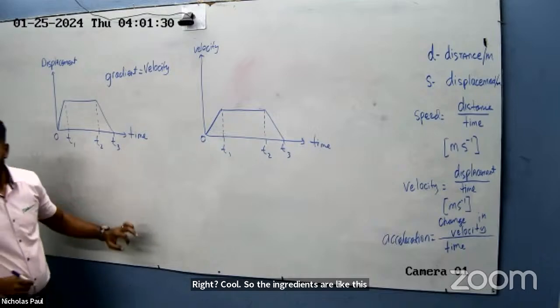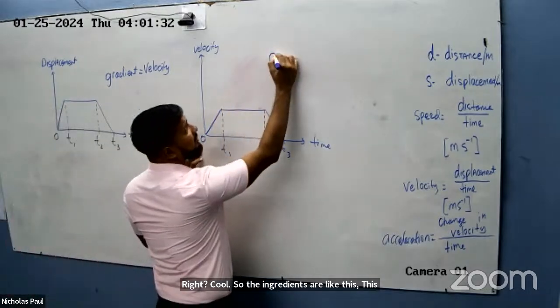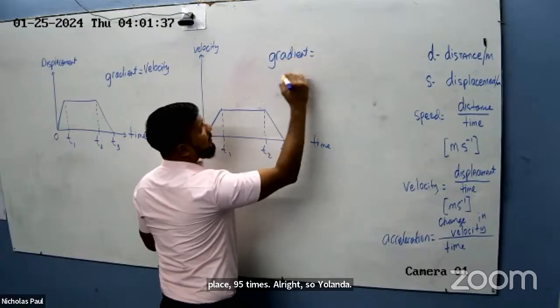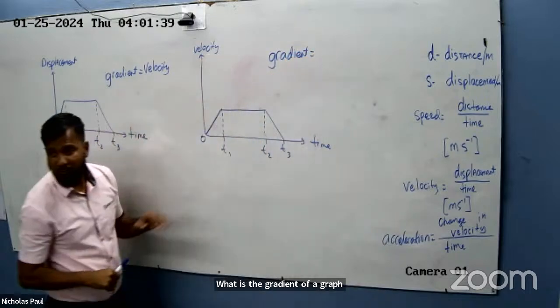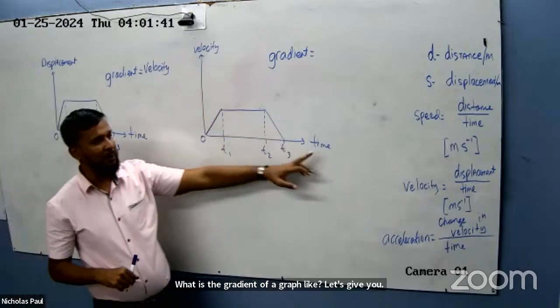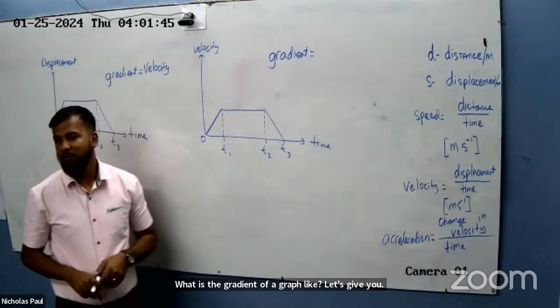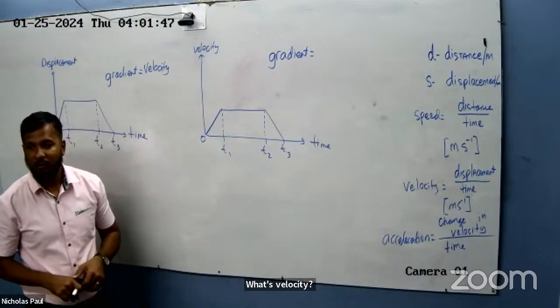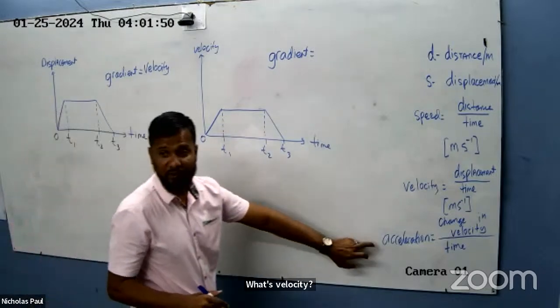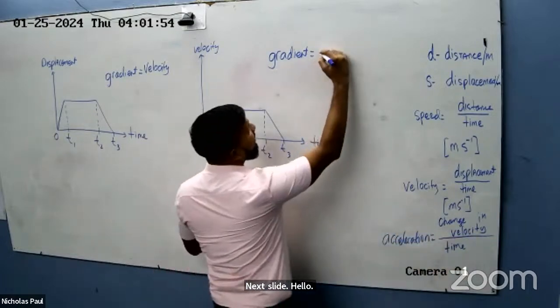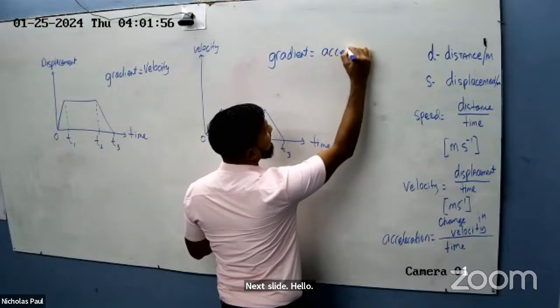So, Yolanda, what does the gradient of a graph like this give you? What is velocity divided by time? Acceleration. Velocity divided by time is acceleration.